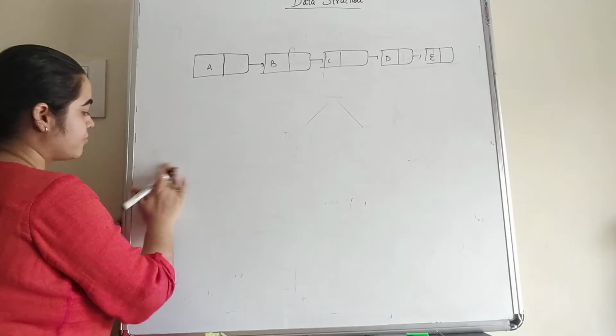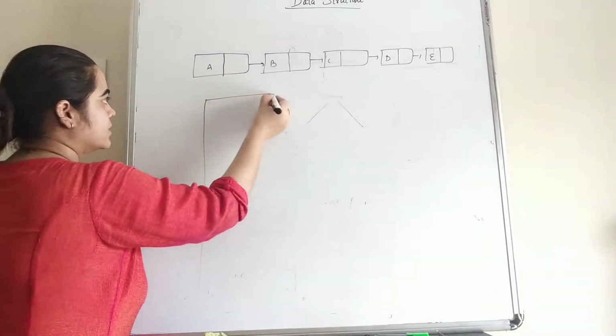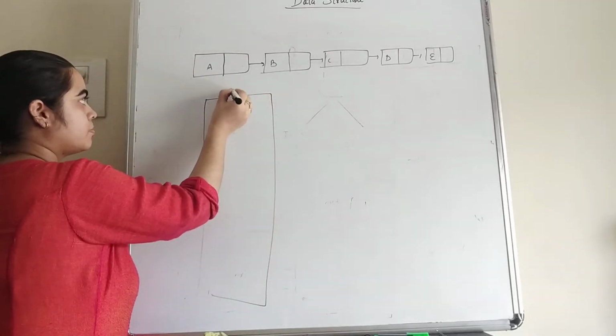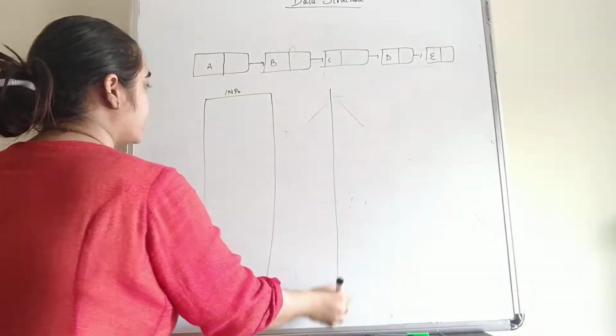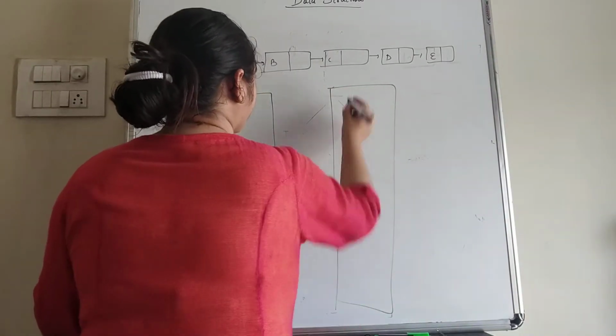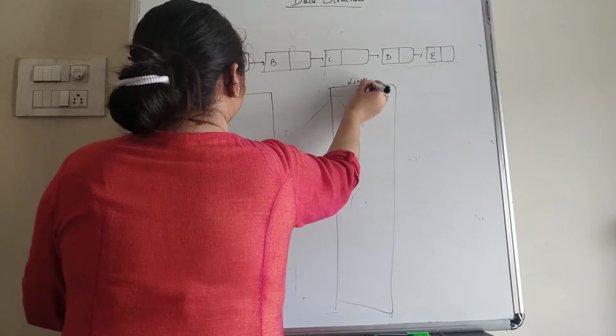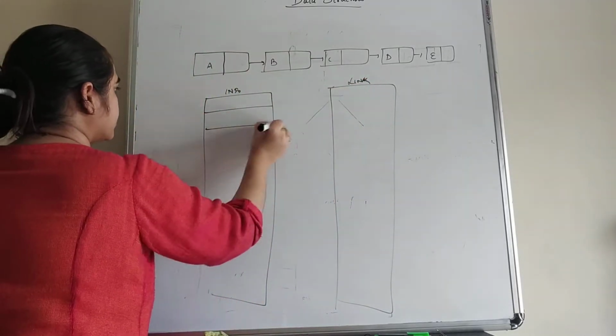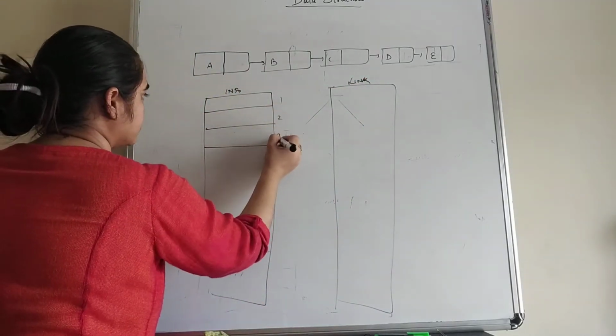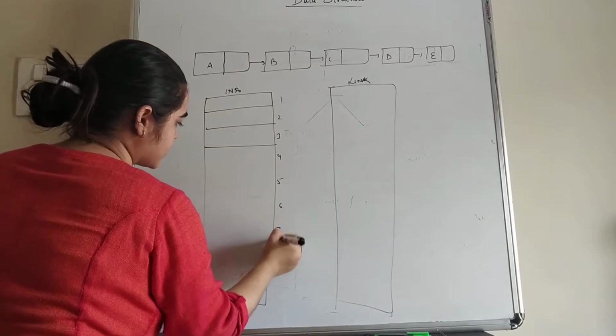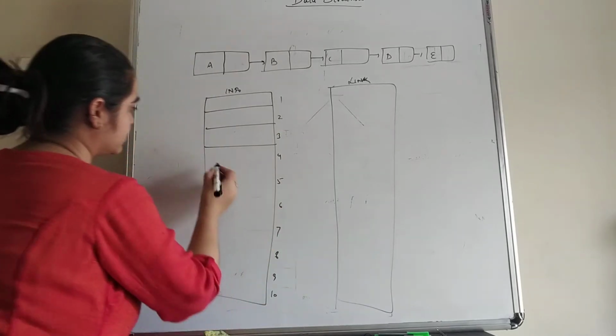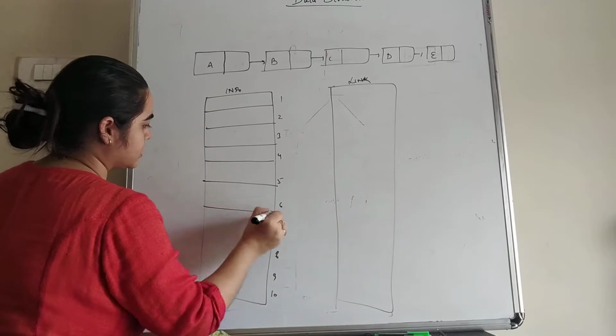Now before that we can create two arrays. One is for the information part, while second array we can create for the link part. And we can divide this array suppose into 1, 2, 3, 4, 5, 6, 7, 8, 9 and 10 parts.